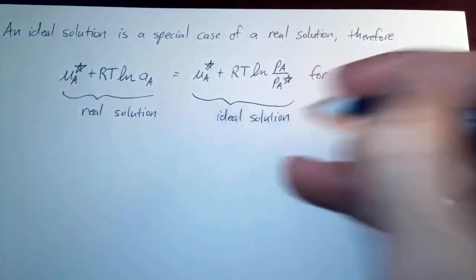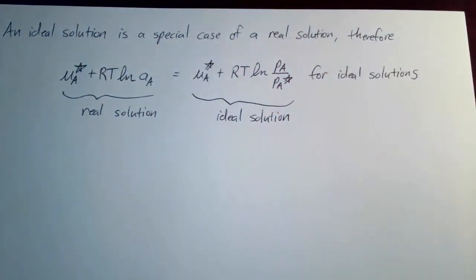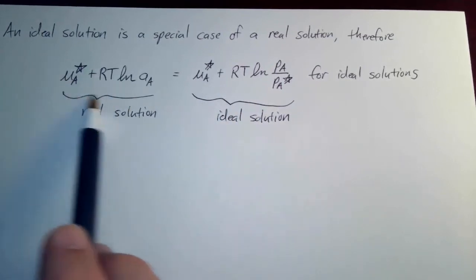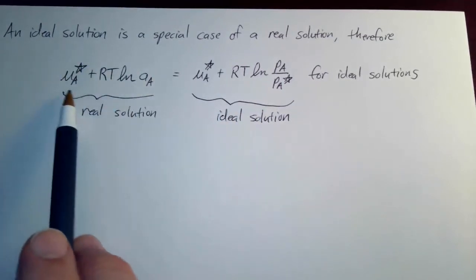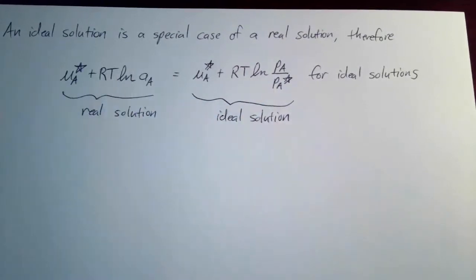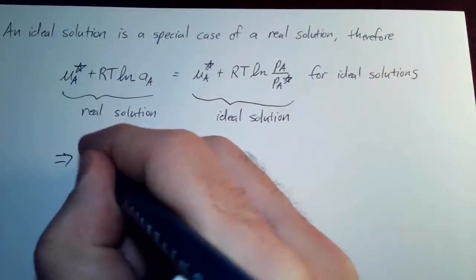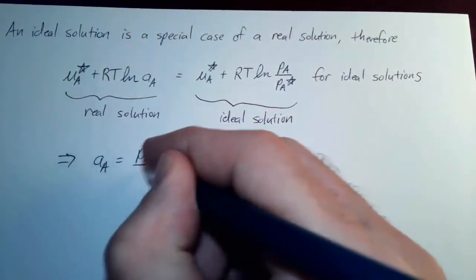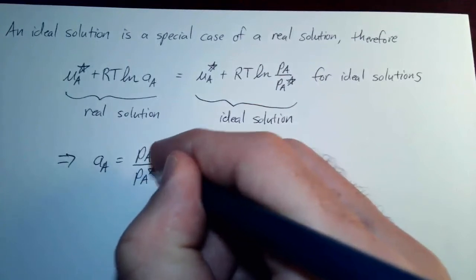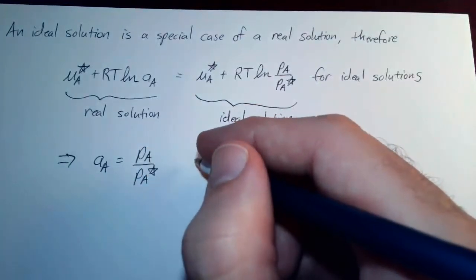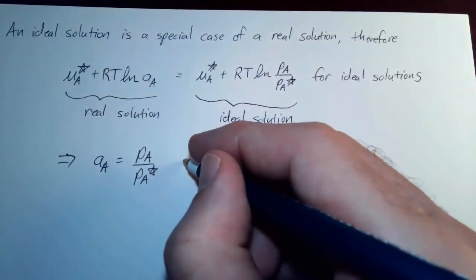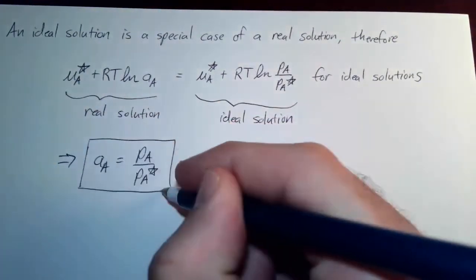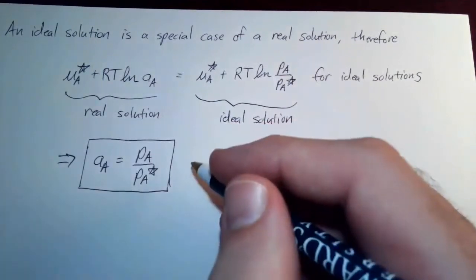In the case of an ideal solution, these two things must be equal because an ideal solution is still a special case of a real solution. Looking at this, it's straightforward to see that the activity is equal to PA over PA star. And this is a straightforward thing to measure in the lab.